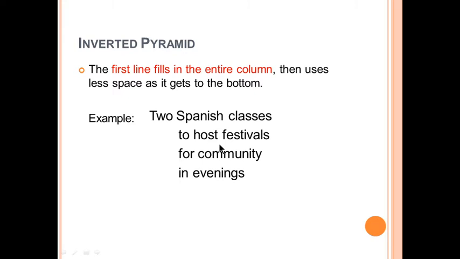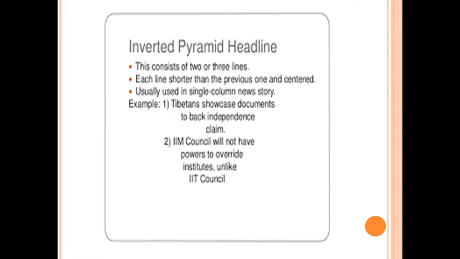And usually we follow the inverted pyramid structure to write news articles. I hope you remember that you studied it in the previous semester. Here are some more examples of inverted pyramid headline. You can go through this. These are the peculiarities of the inverted pyramid headline. The first one is that it consists of two or three lines. Then each line is shorter than the previous one and it is centered too.